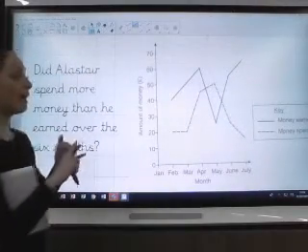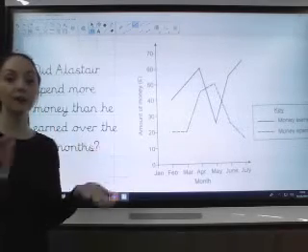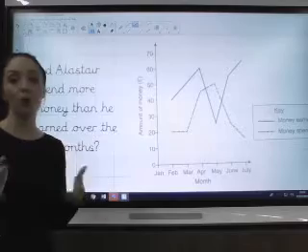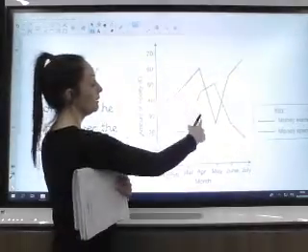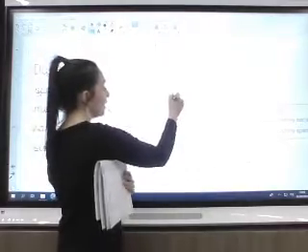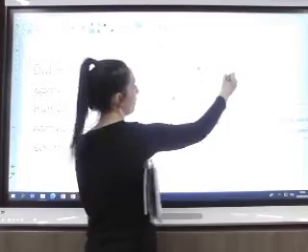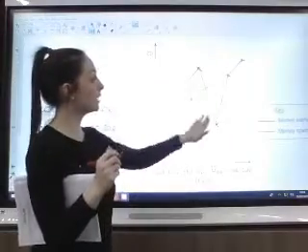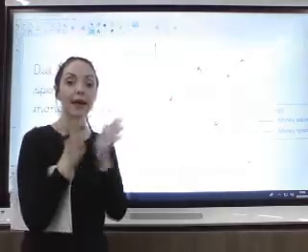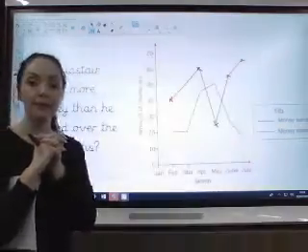And you're going to have to work out how much money he's spent each month, add it up, and then figure out whether he's earned or spent more over those 6 months. So for example, if you're doing the money earned one, that one's a point, that one's a point, that one, and that one. So if you work out how much money he has earned at each point and add them together, and then do the same for the money spent line.